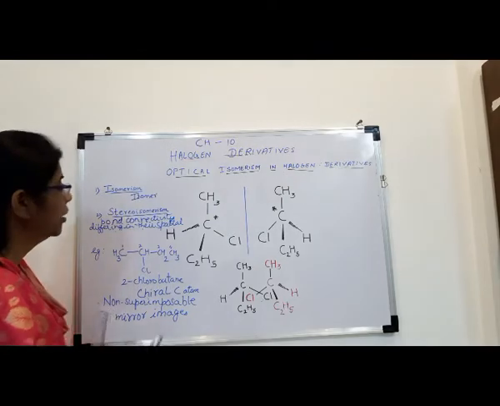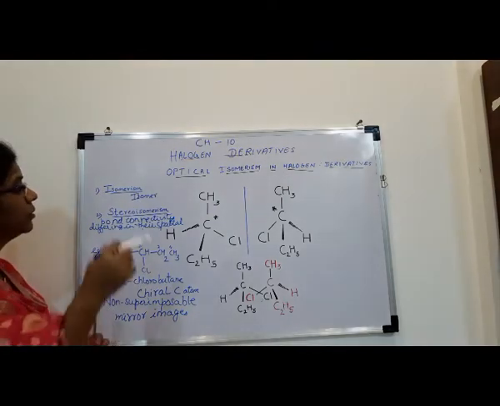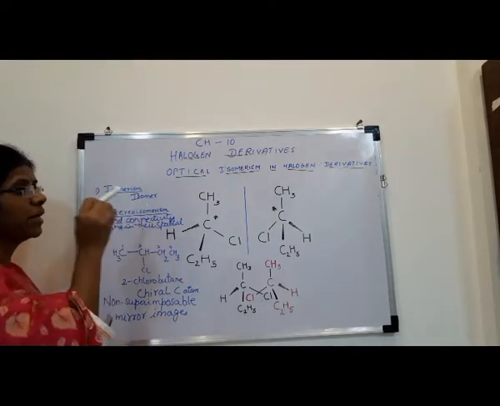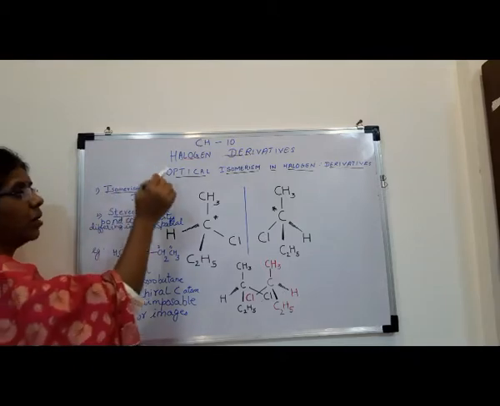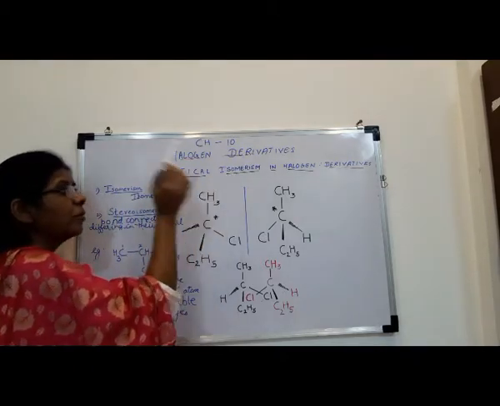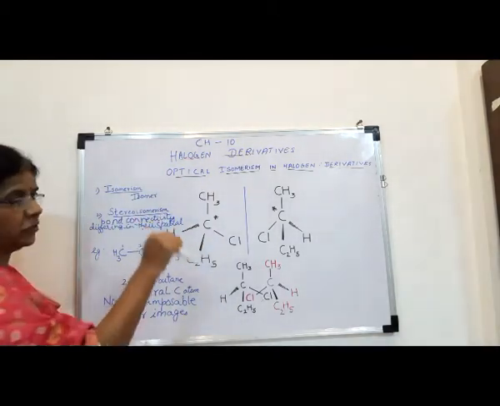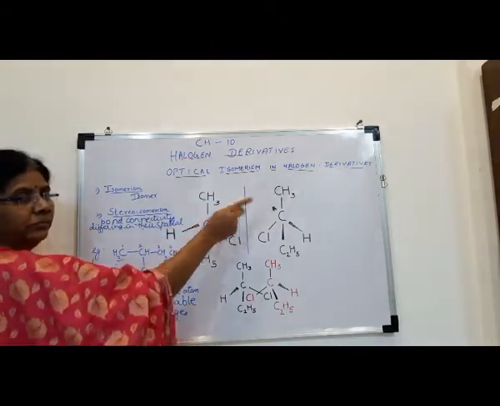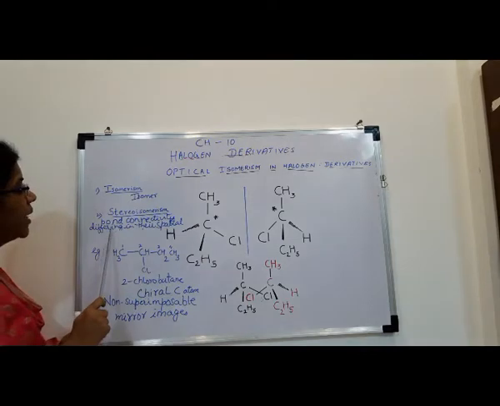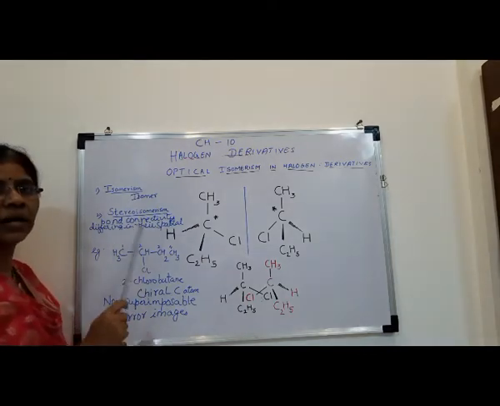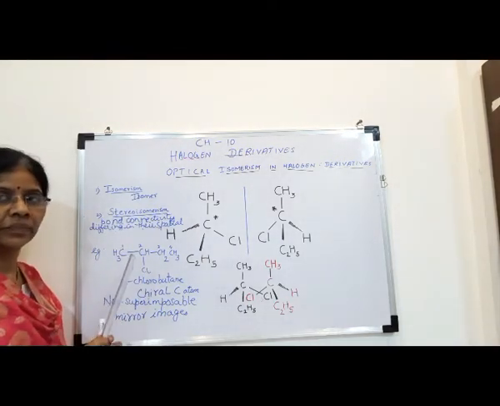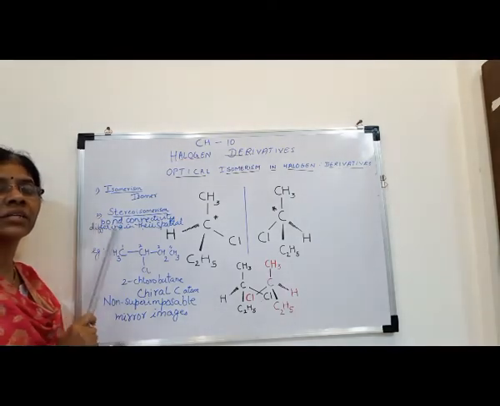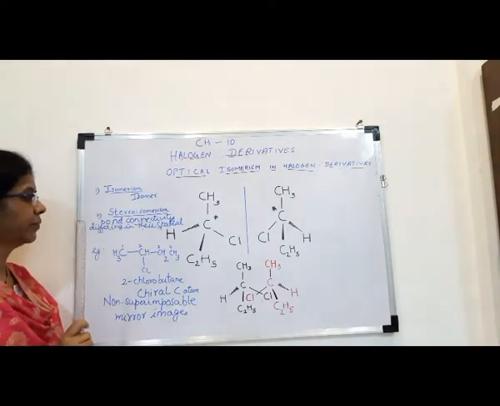We must keep in mind that optical isomerism, which we have to study in halogen derivatives, is a type of stereoisomerism.